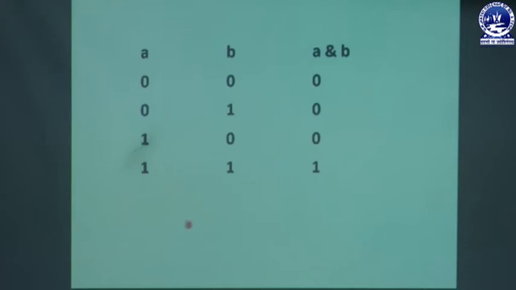It means that the output of the bitwise AND operator is 1 only if both operands are 1. Otherwise, in all the other cases the output is 0: for 0 0 the output is 0, for 0 1 the output is 0, for 1 0 the output is 0, but only in one case the output is 1.